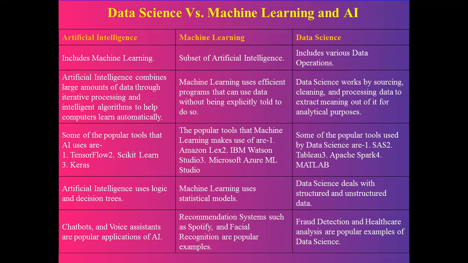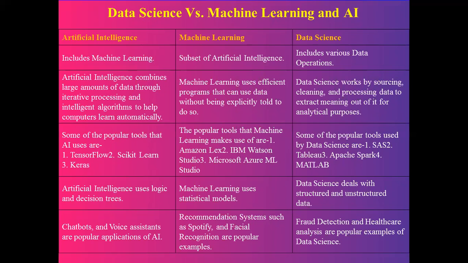Examples of artificial intelligence are automatic cars and automatic doors, where we use sensors to perform automatic operations, like automation systems. Machine learning uses efficient programs that can use data without being explicitly told to do so, so that we can perform operations on past data. There are some techniques in machine learning.